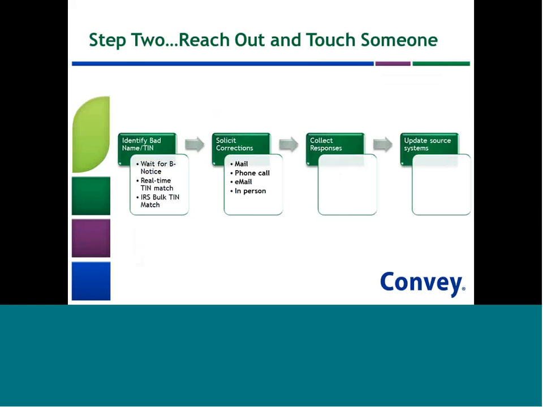So step 2, reach out and touch someone. Now that you've identified information, you now need to solicit for the correct information. Now, if you're in the reactive approach, you need to respond via the B notice process. However, moving now more to a proactive approach, you can actually solicit for corrections in a variety of ways.